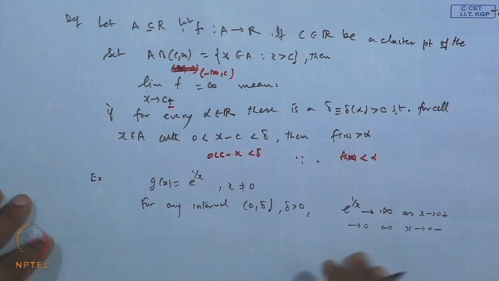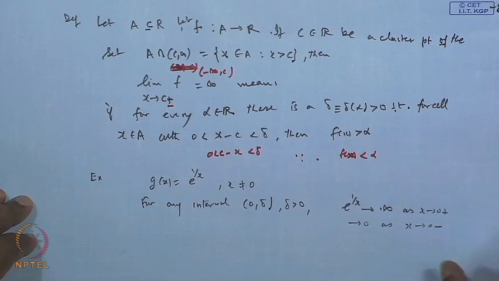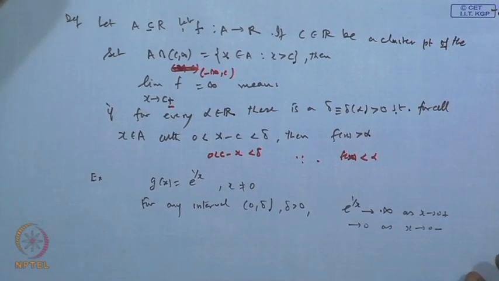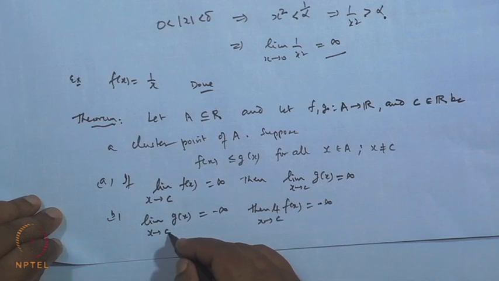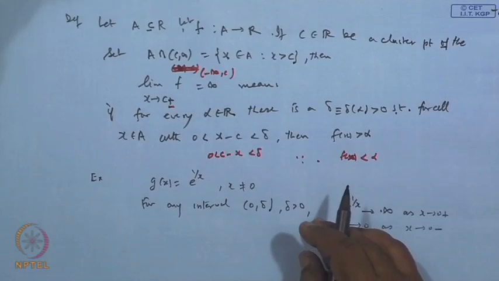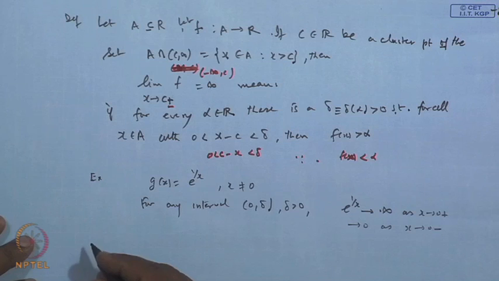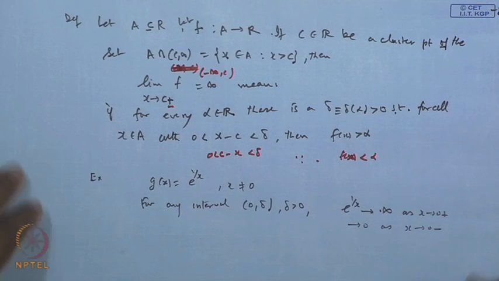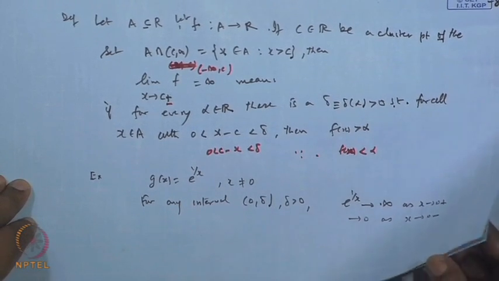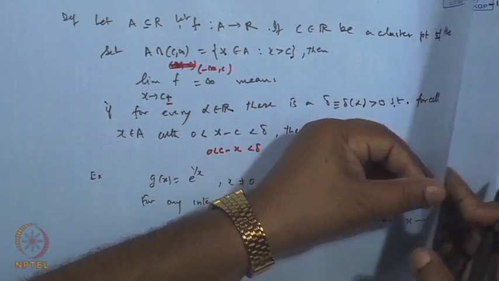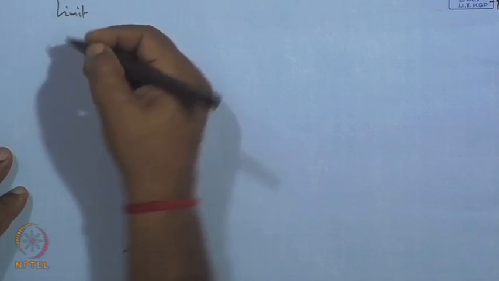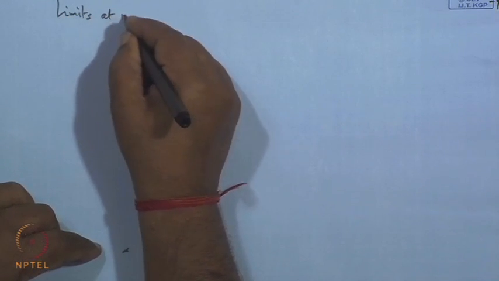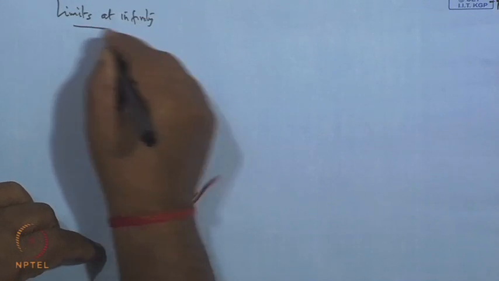Okay. Now, next concept, when the limiting point c is not finite. If it is infinity, then also we can define the limit as follows. So, limits at infinity. When we have the limiting point c is infinity, we define as follows.